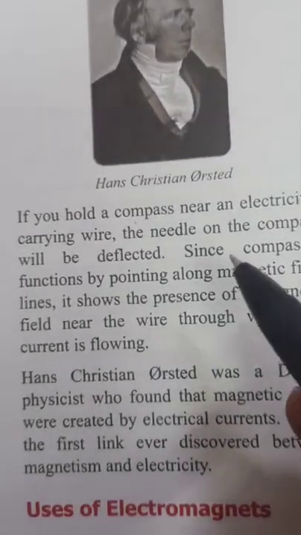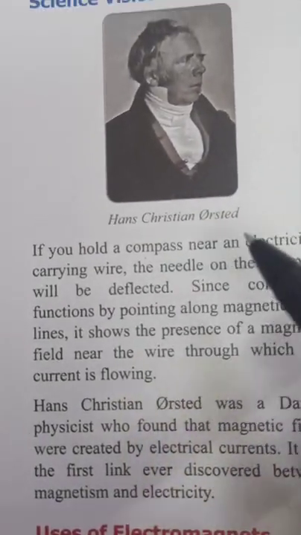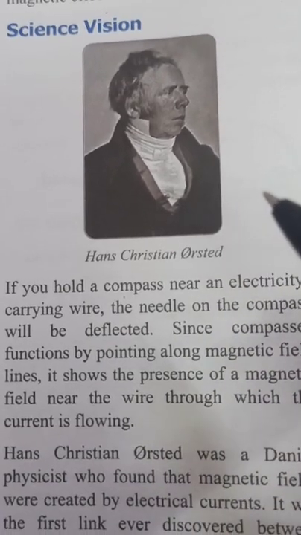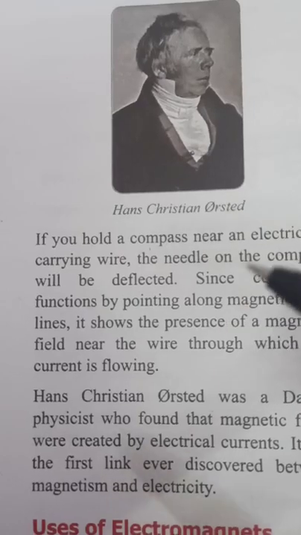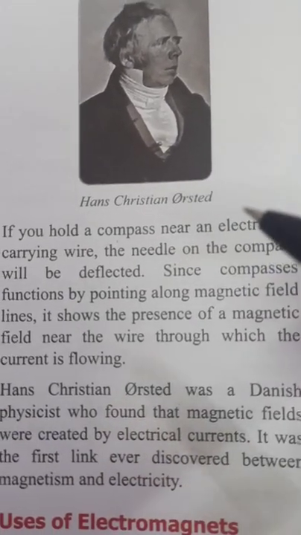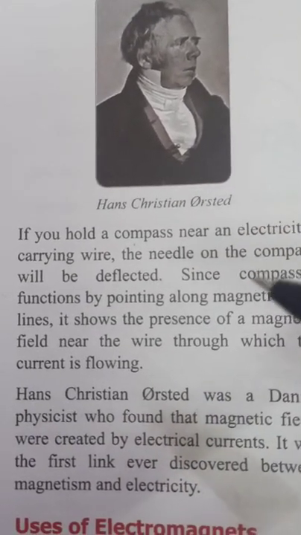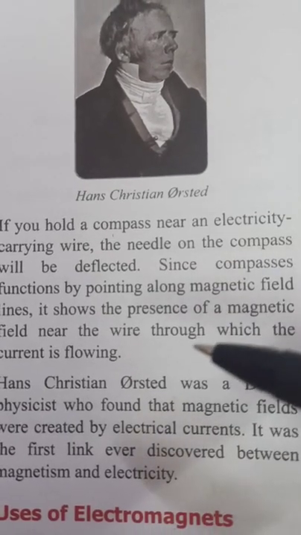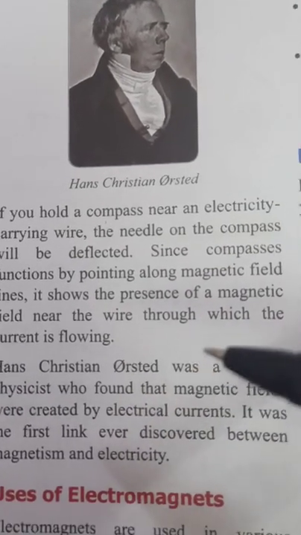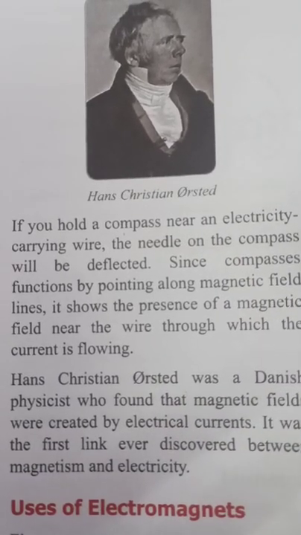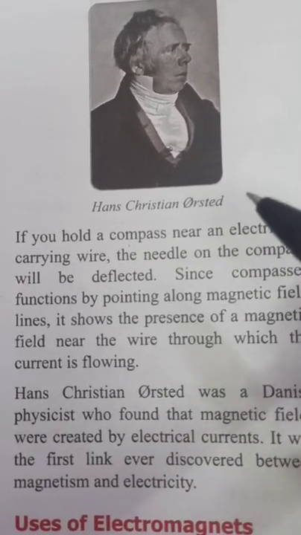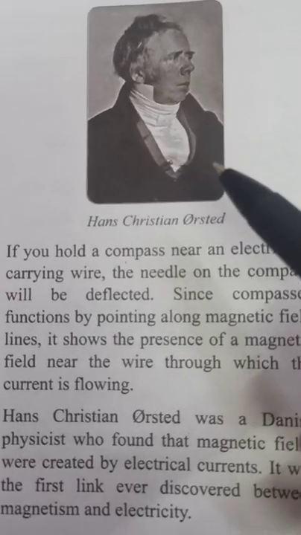So let's study about him, because his name is related to the magnetic field, or we can say how a current carrying wire behaves as a magnet, that he discovered first.